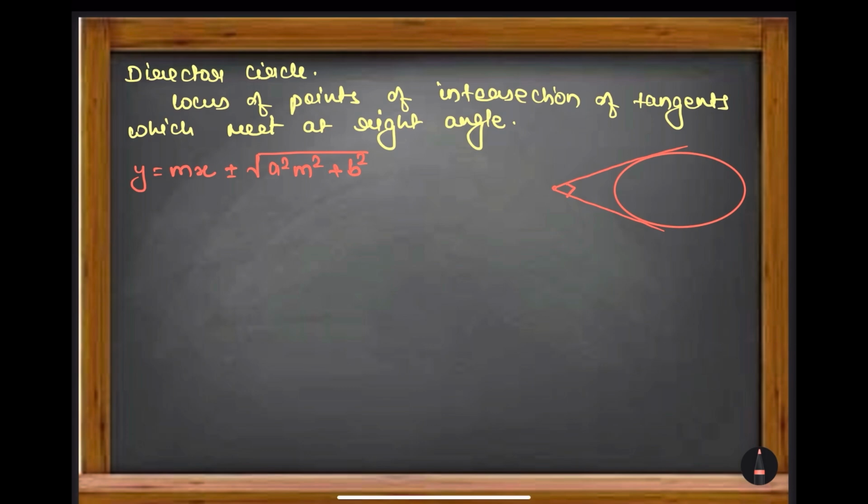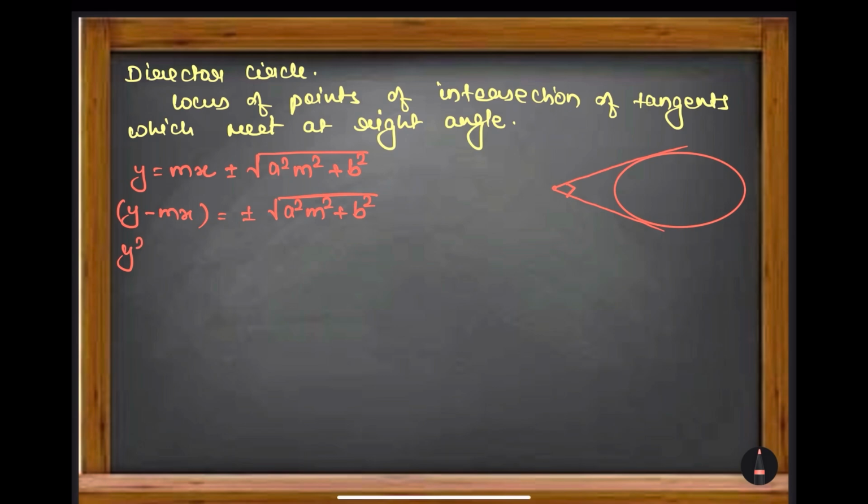Correct? Now what I want to do is, we are not comfortable with this root, so I'll ask mx to come to this side. y minus mx equals plus or minus root over a square m square plus b square. Now I'll go with squaring both sides.